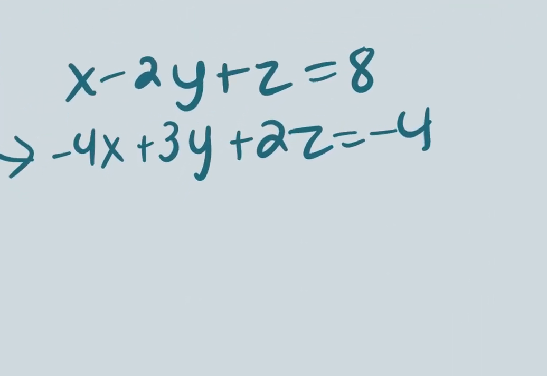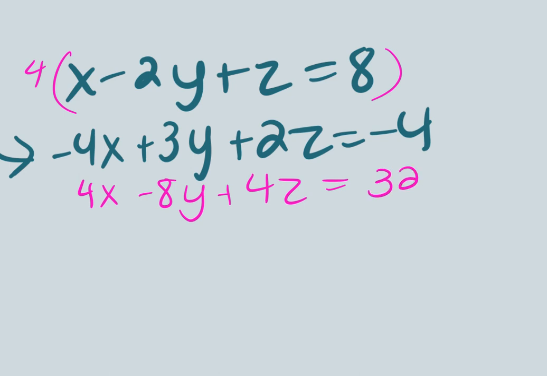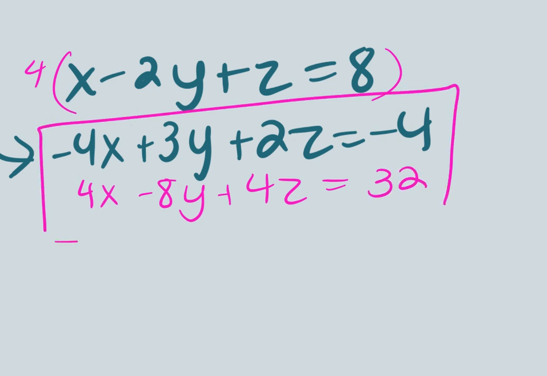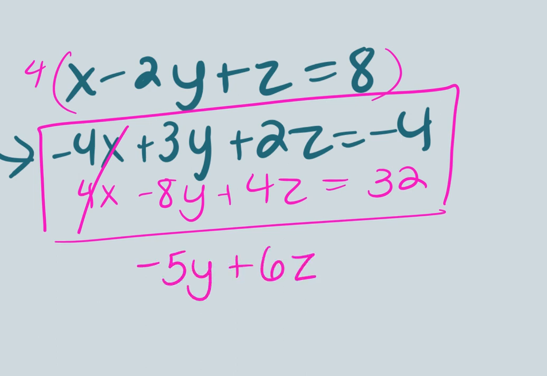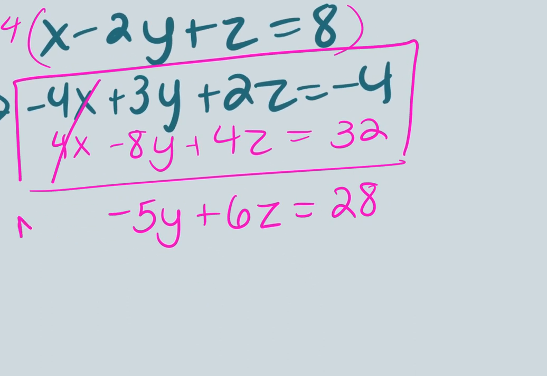So I multiply the top by 4. 4x minus 8y plus 4z equals 32. Cancel out the x's. Negative 5y plus 6z equals 28. And that is new 2.